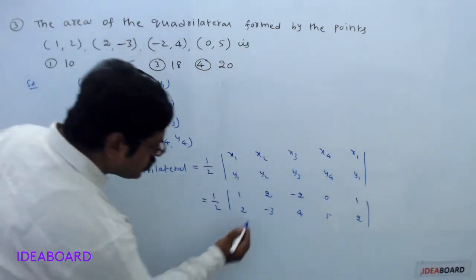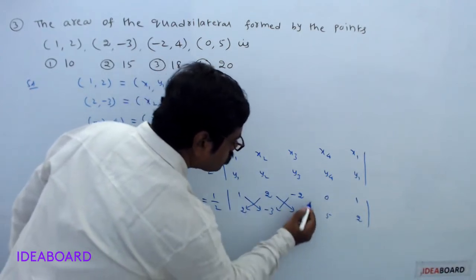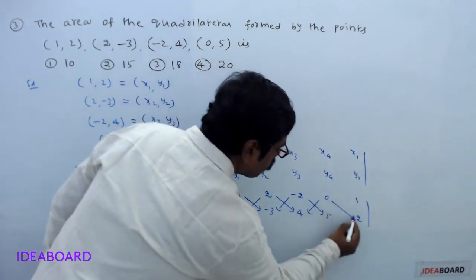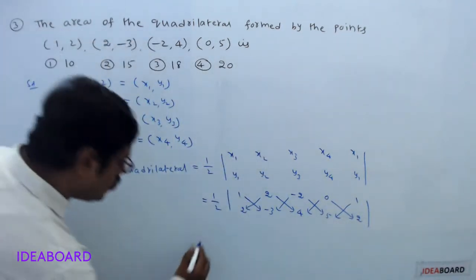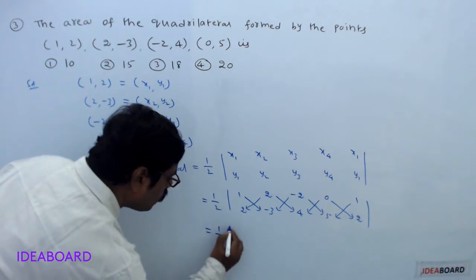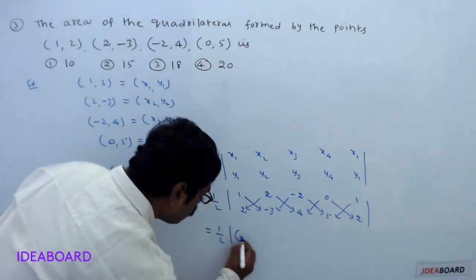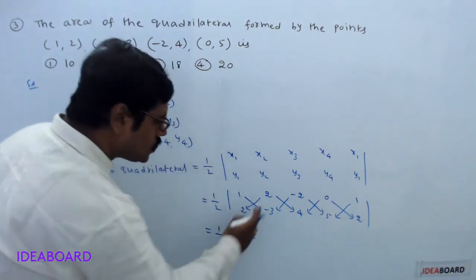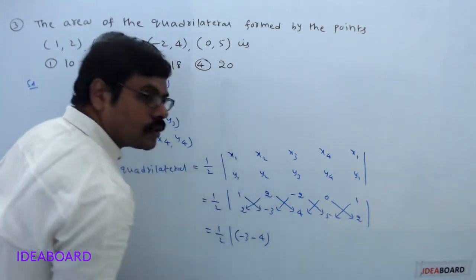Then put the arrow marks like this. Then expand this format. Now this equals half modulus of 1 into minus 3 minus 3 minus 2 into 2, 4. Now this part is over.